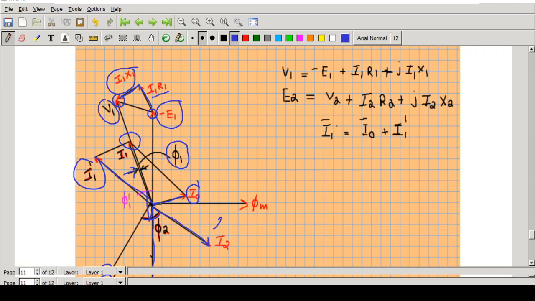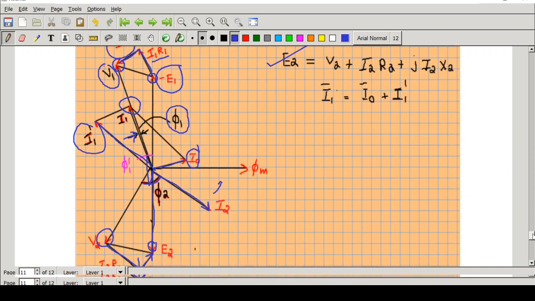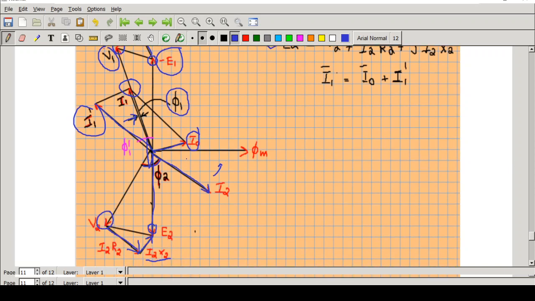It is not that complicated. You have to use these two equations. First, you have to think that the angle between V2 and I2 depends on the load. That is very important. You just think how it will be for the resistive load, how for the inductive load, how for the capacitive load. Second, you have to understand that if you get the direction of I2, draw I1 dash opposite to I2.